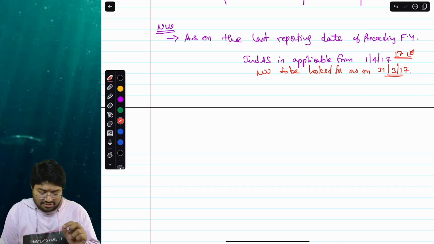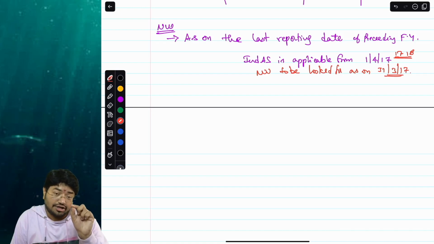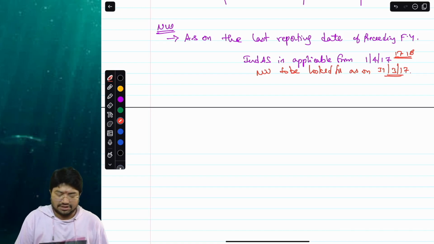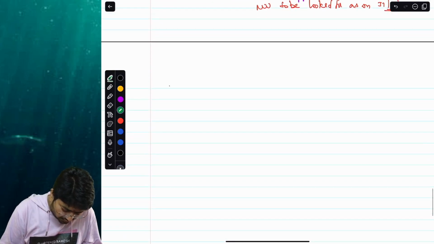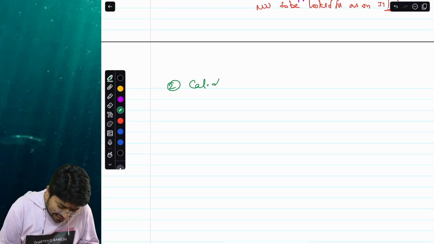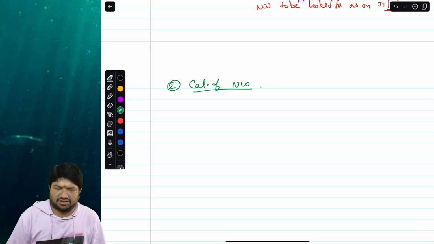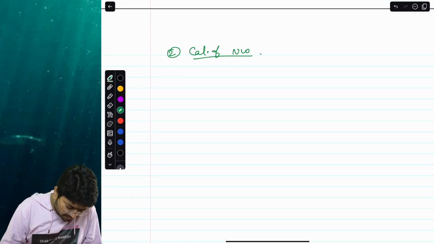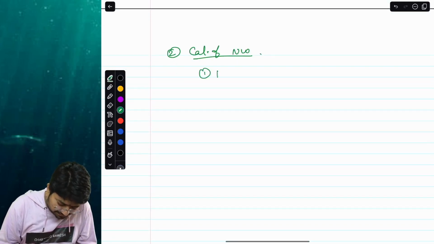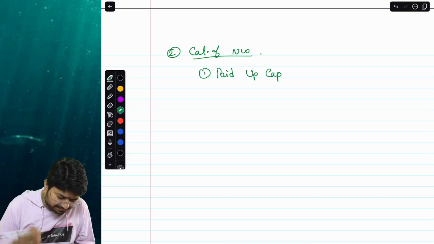Okay. So first clause what we have looked for is as on what date I should look for that net worth. Next, second, calculation of net worth. What components are part of my net worth? Okay. Number one, paid up capital.